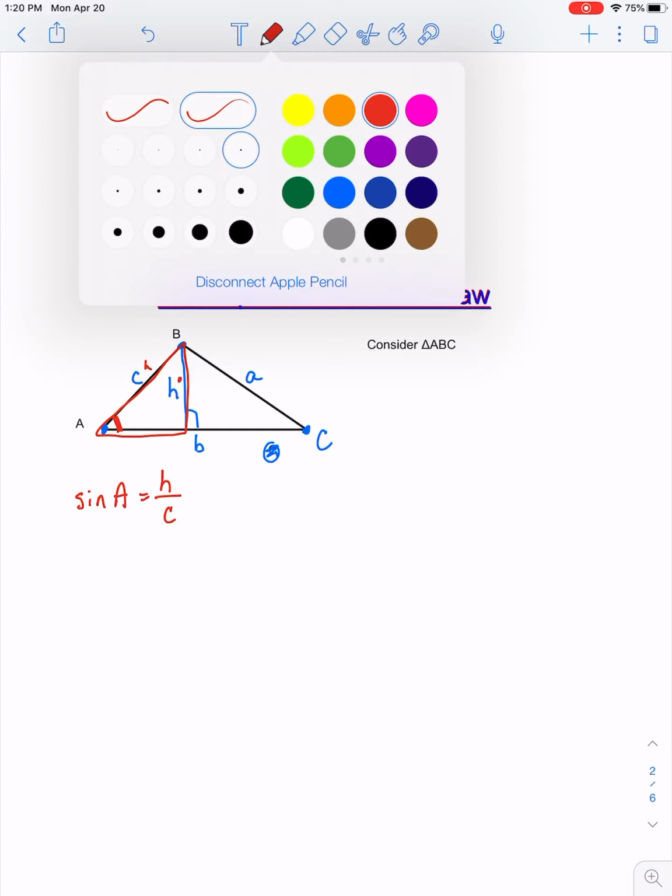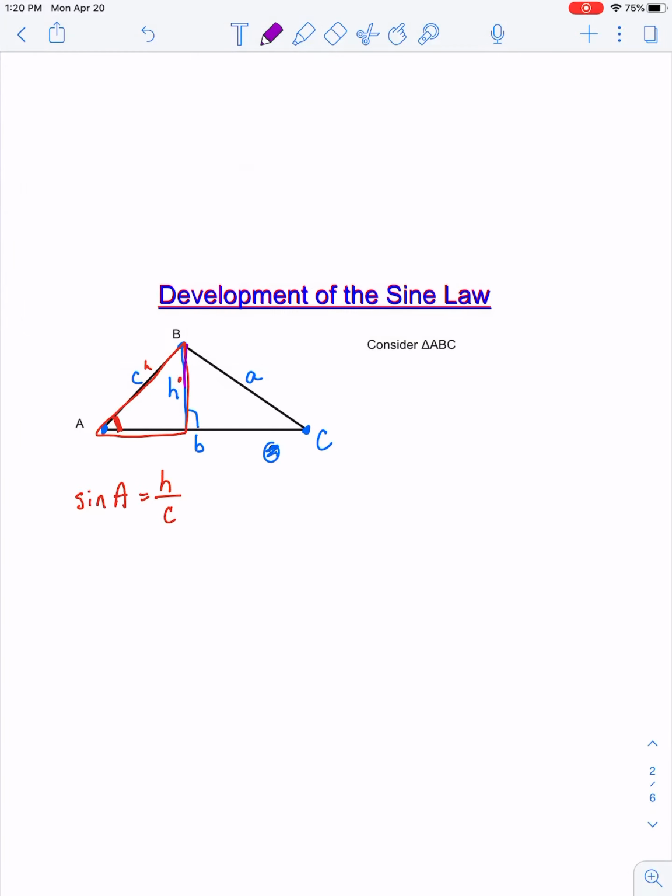And from the triangle on the right, if this is my reference angle, again, h is the opposite and a is the hypotenuse, so the sine of angle C is the opposite, which is also the height of the triangle, over a, which is the hypotenuse of the triangle.